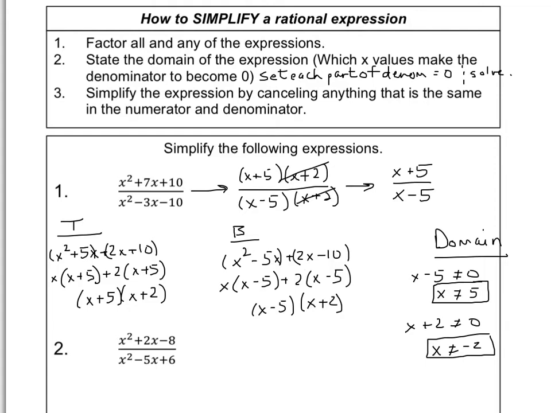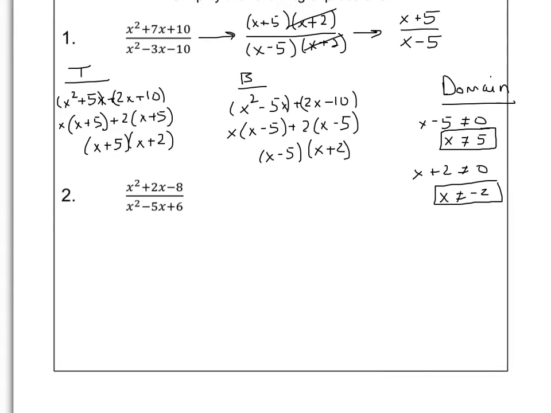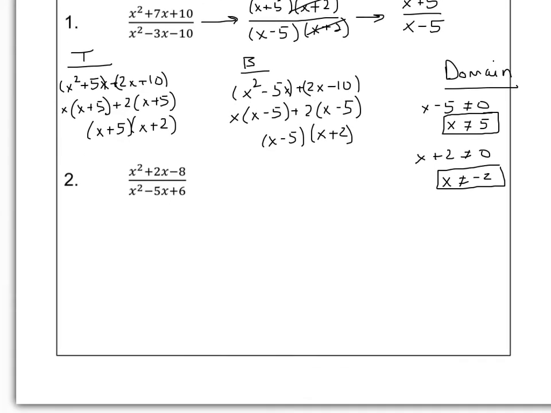Okay, let's take a look at example number 2. First thing I got to do is factor the top. Factors of -8 that add to 2 are positive 4 and negative 2. So I've got an x squared, so we go top here: x squared plus 4x minus 2x minus 8.